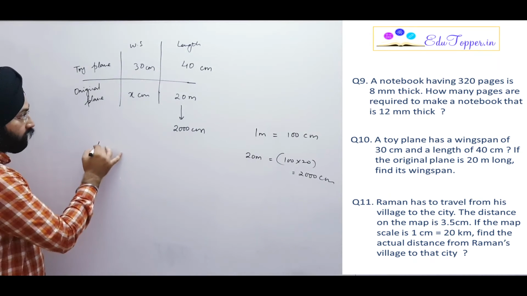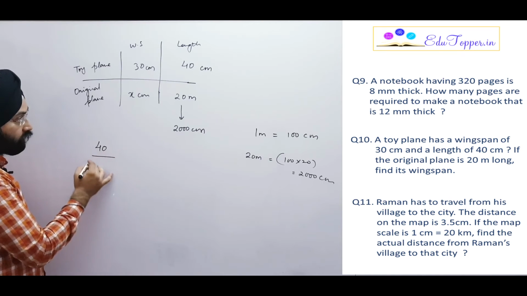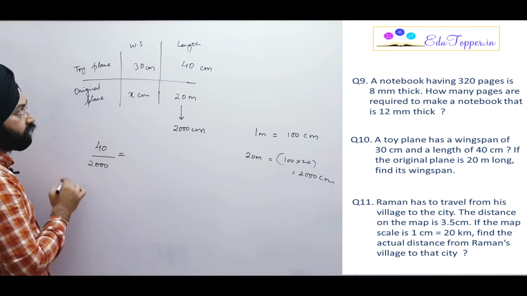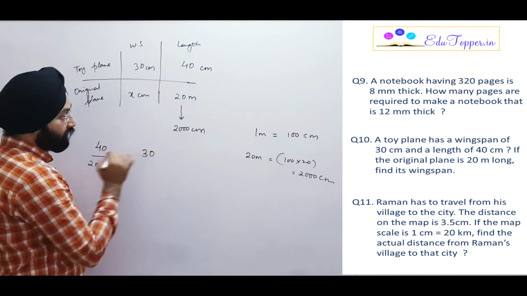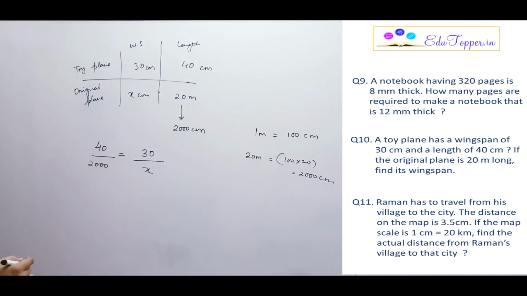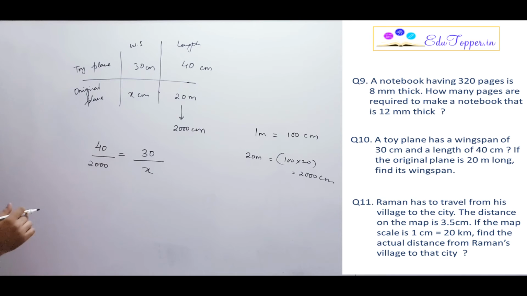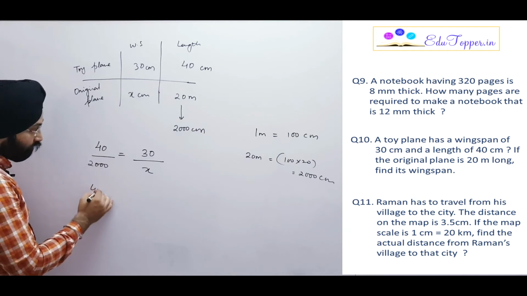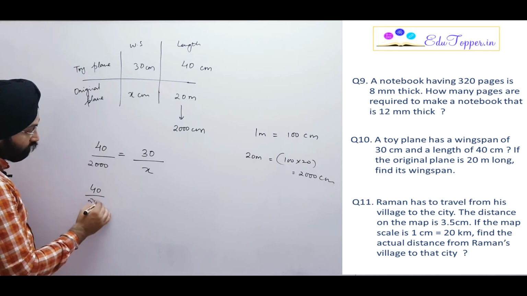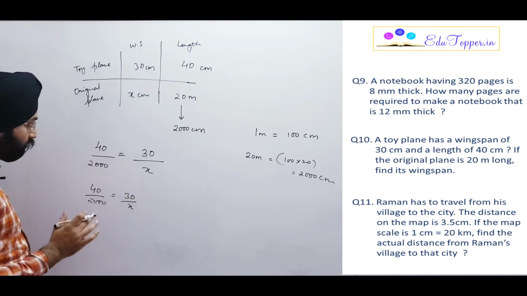So the length of toy plane to the length of original plane should be equal to the wingspan of toy plane to the wingspan of the original plane, right? So the value of x will be 40 divided by 2000 is 30 by x, that we already know.